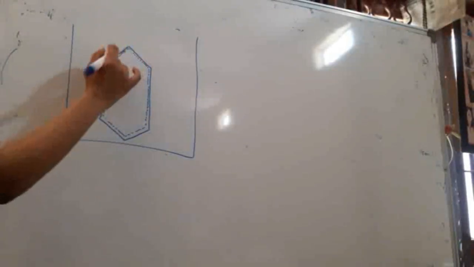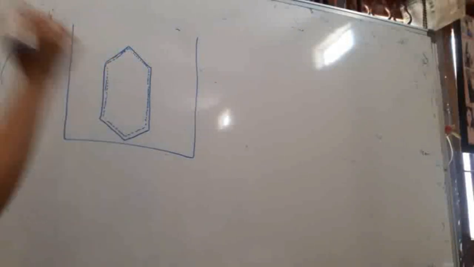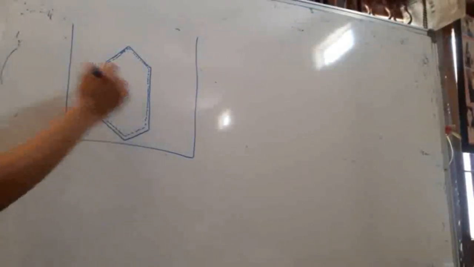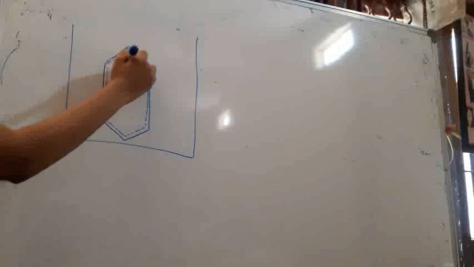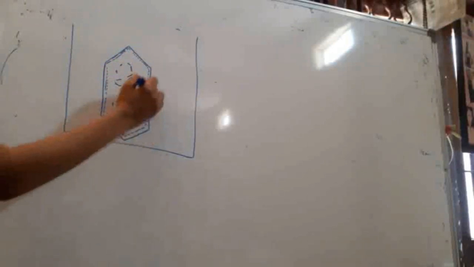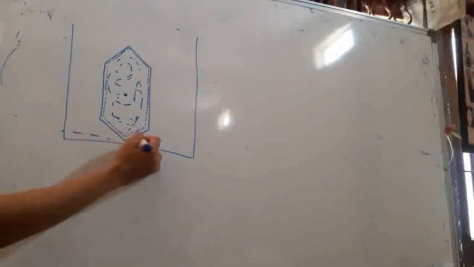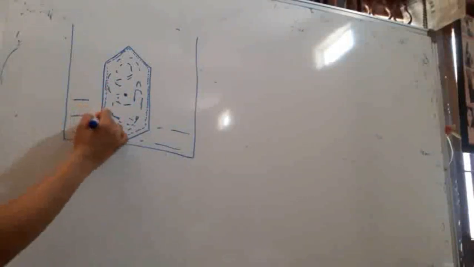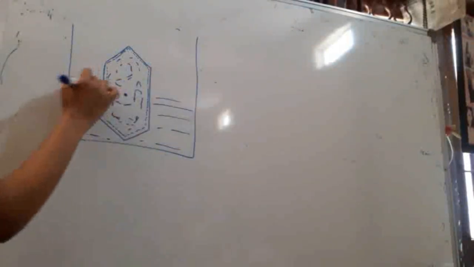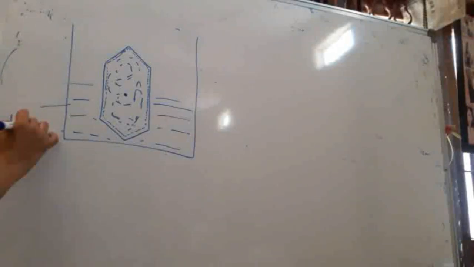So this is the plasma membrane. This is the nucleus, and inside this plasma membrane there is cytoplasm. And we have taken a solution. That solution is a hypertonic solution.